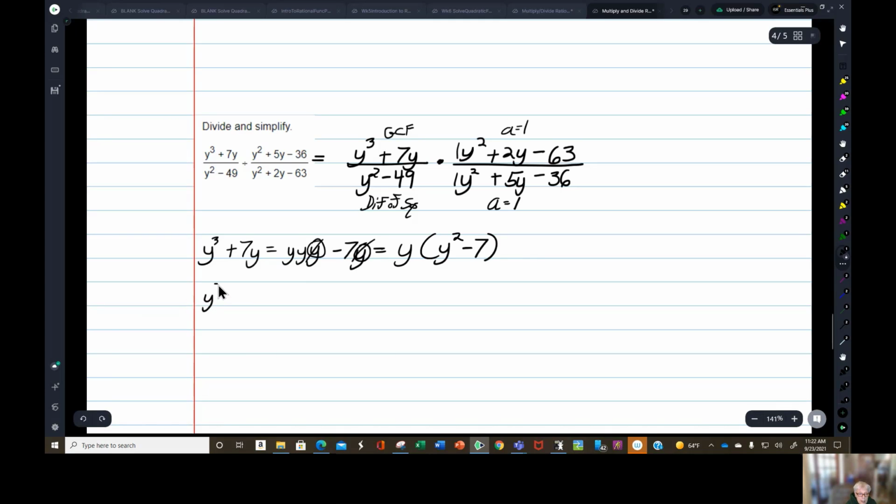And y squared minus 49 is y squared minus 7 squared. So it factors into y and 7, plus and minus.